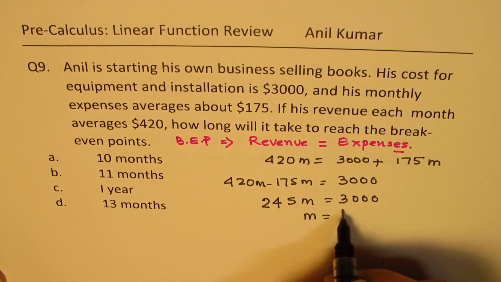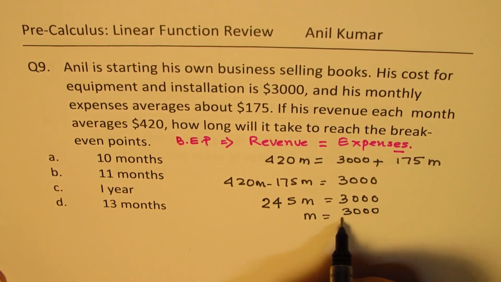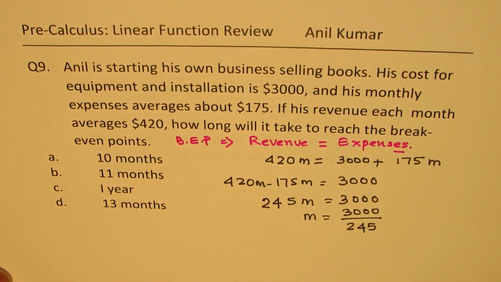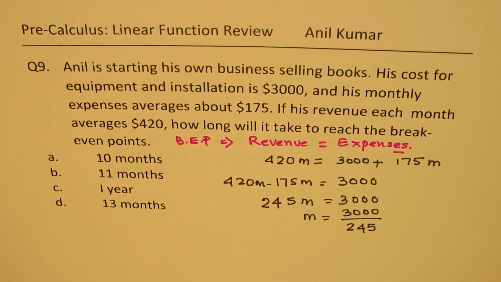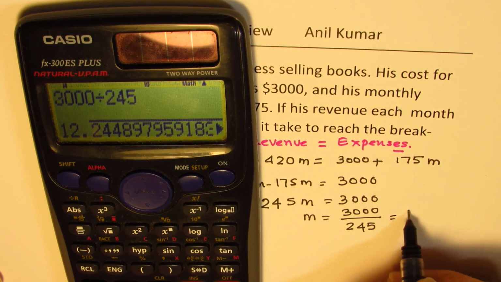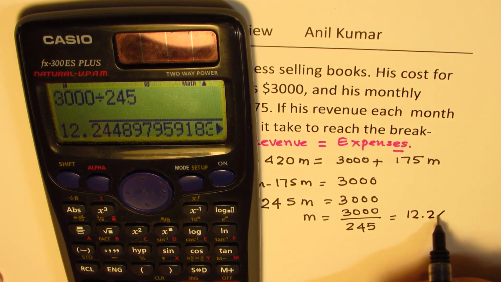So M is 3000 divided by 245, correct? So you need a calculator to calculate this. Okay, so we'll get 3000 divided by 245, you could approximate also, in decimals it is equal to 12.24.